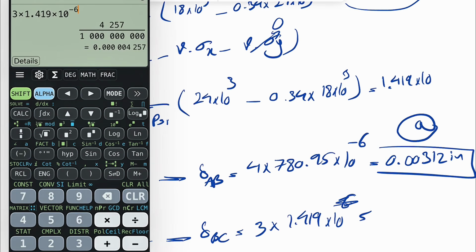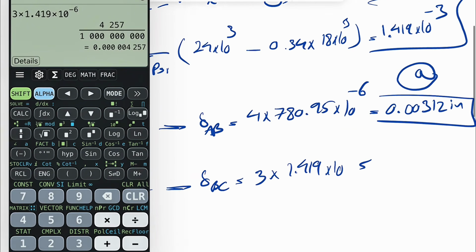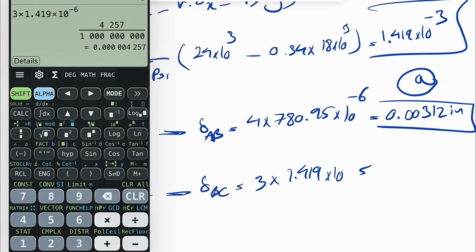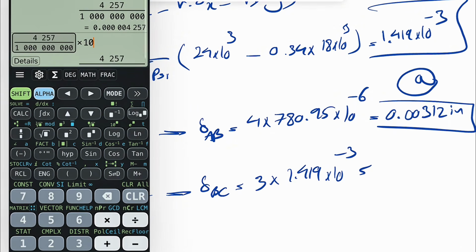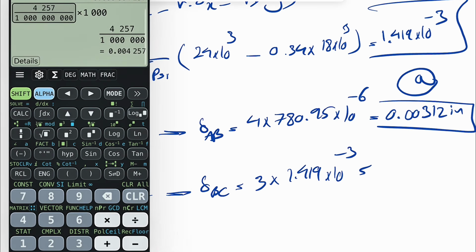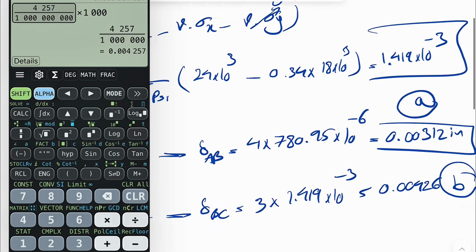It's actually 10 to the minus 3. I don't know why I put minus 6, because that value is definitely bigger than the previous one. So it's 10 to the minus 3 here, and we multiply by 1000, which gives 0.00426. That's going to be part B of the question.